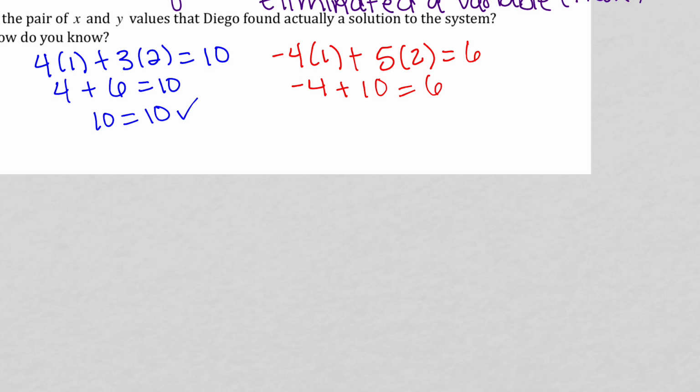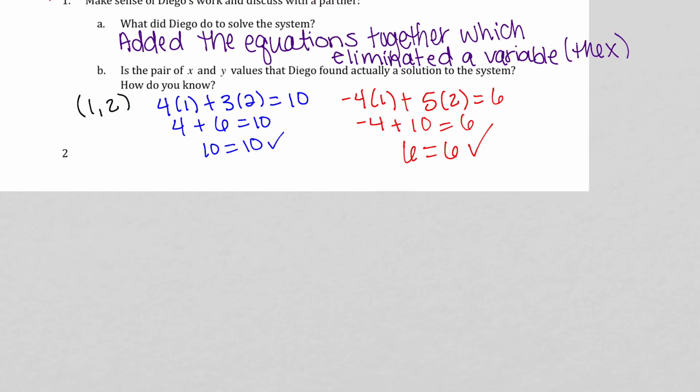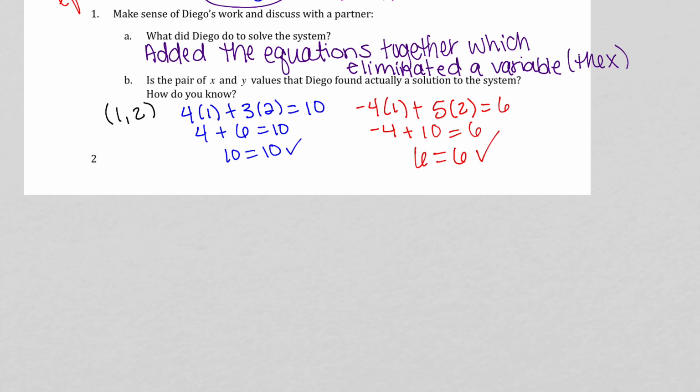Negative 4 plus 10, what is that? 6. Does 6 equal 6? Yeah. So it is a solution to the system. And how do we know? Because it works for both equations. So it is a solution.